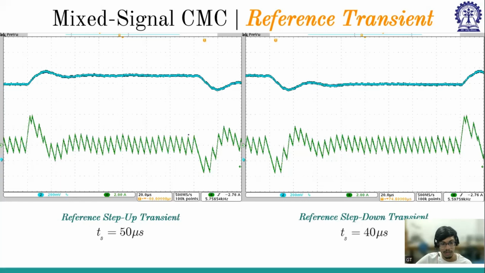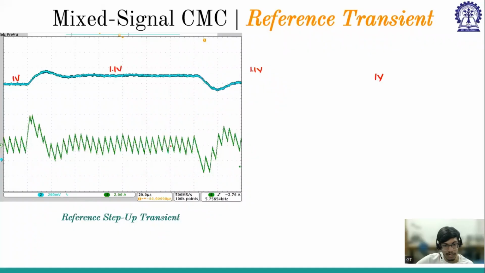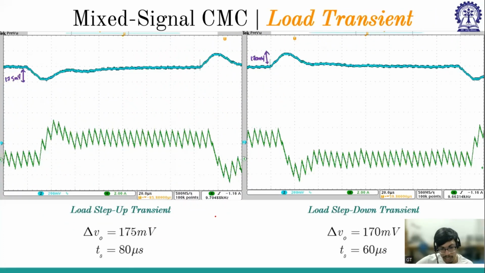There are two things. One is the load step up transient, the other one is the reference step up transient. For load step up transient, they have this capacitor, and then they have this RC, and then they have this switch connected to RSW.